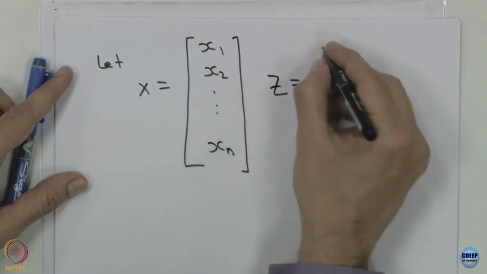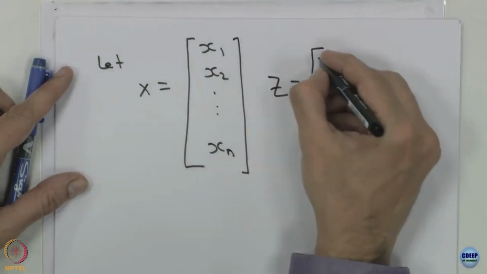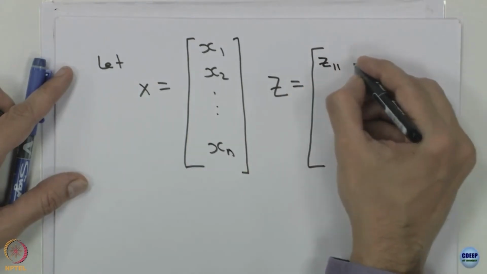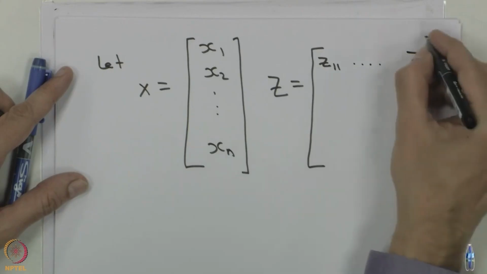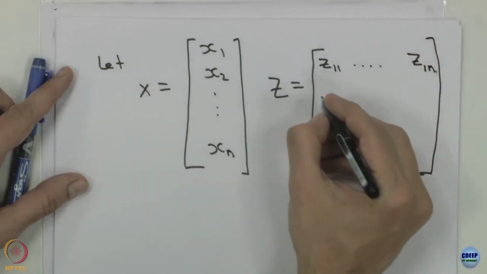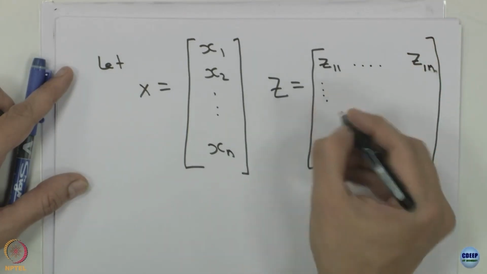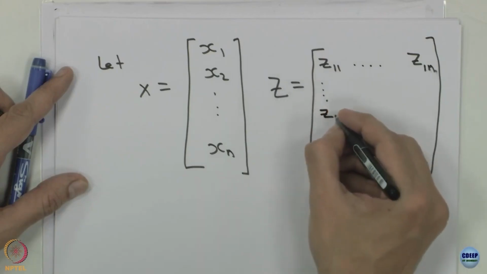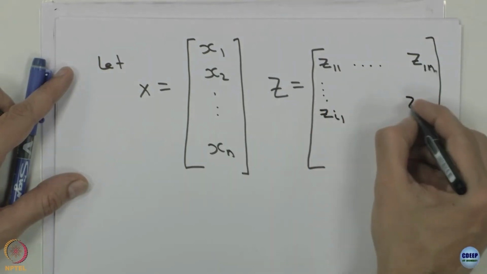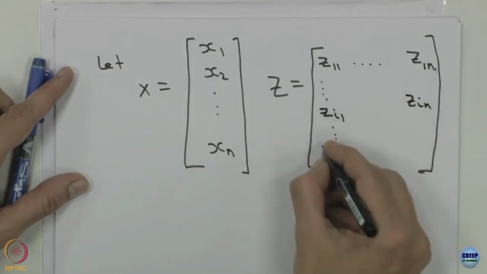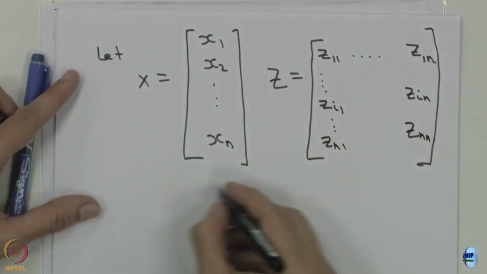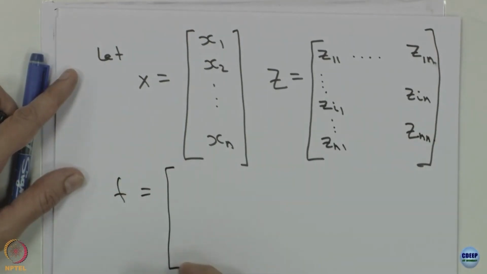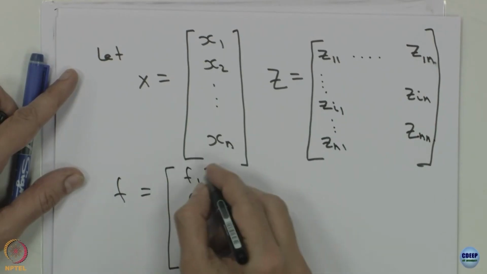Z matrix is z11 to z1n and so on, zi1 to zin, and then f is equal to f1, f2 and so on to fn.